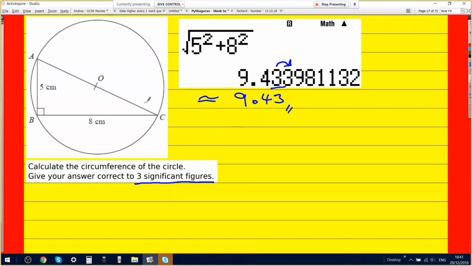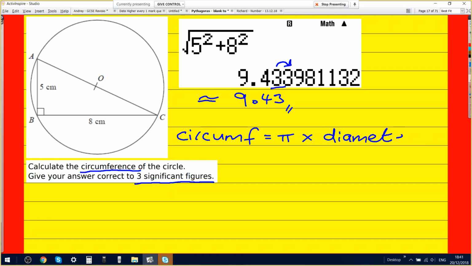Technically, they didn't ask for the length. They asked for the circumference. Do you know how you find circumference? Everyone forgets this one. Circumference is pi times diameter.